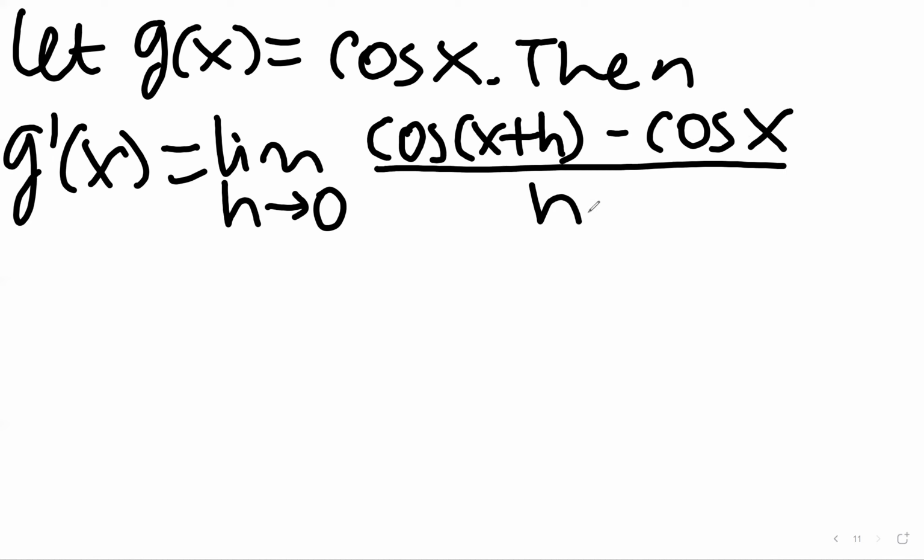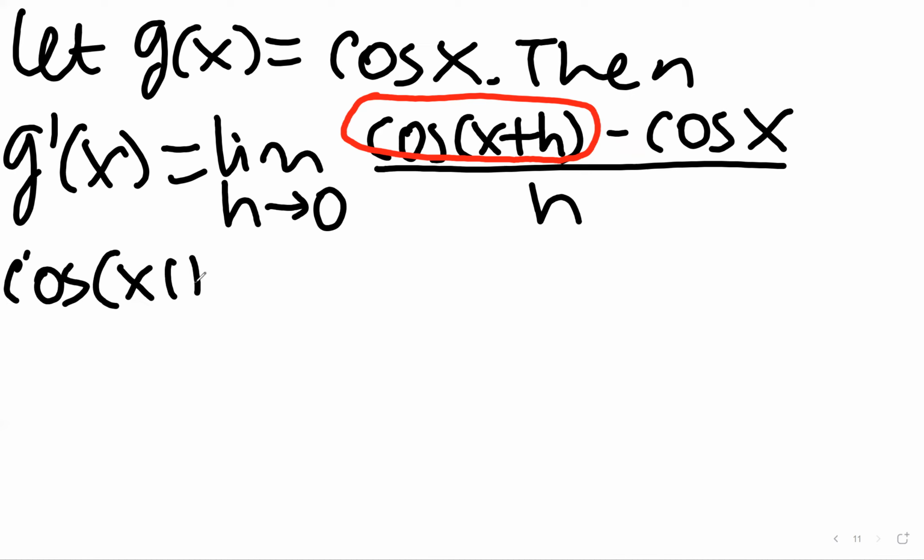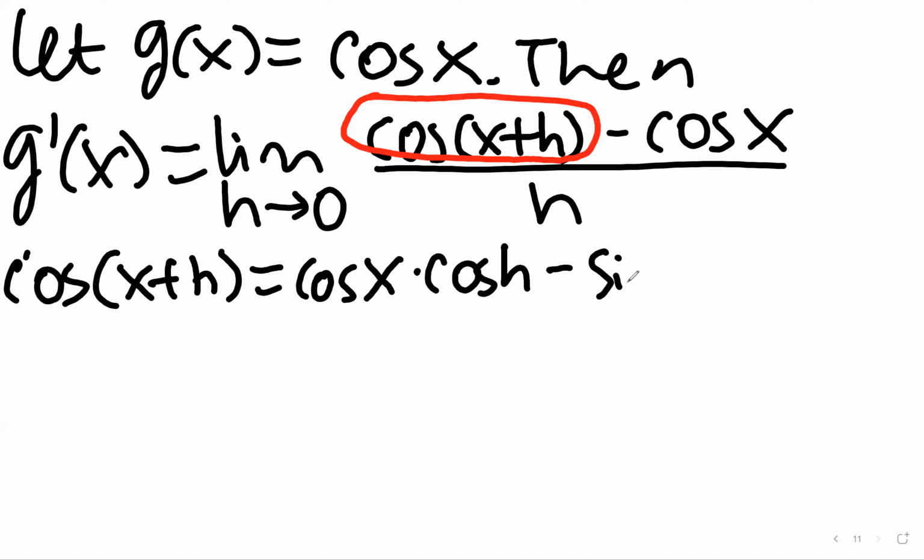Of course, we need to expand this term first. If we follow the procedure in the previous calculation, the first step will be to expand cosine of x plus h. We know that cosine of x plus h is cosine of x multiplied by cosine of h minus sine of x multiplied by sine of h.